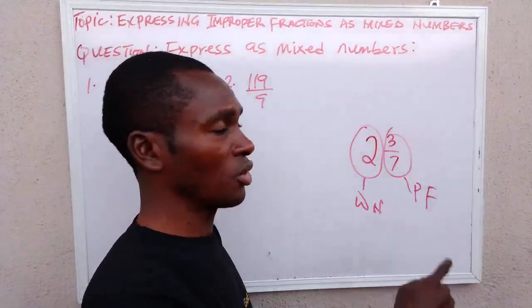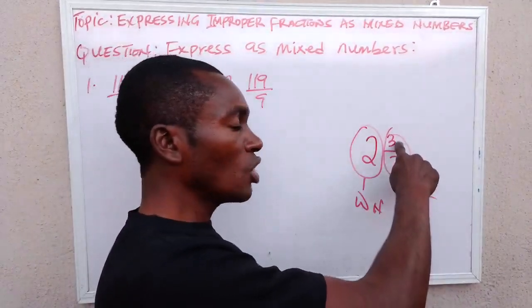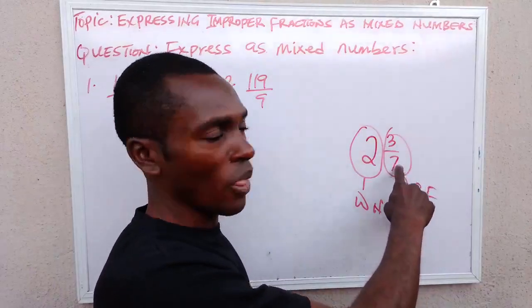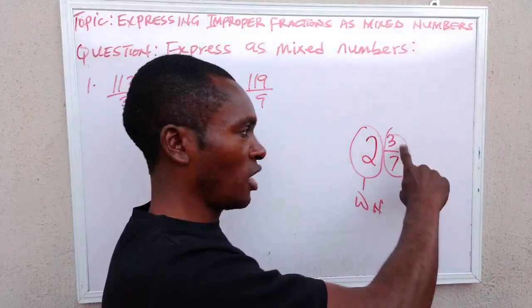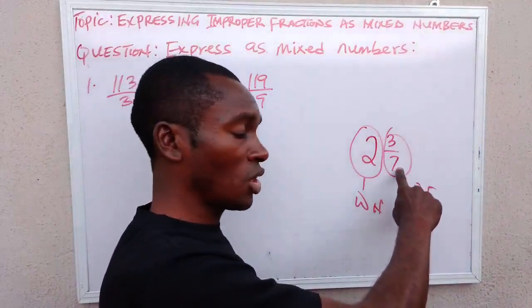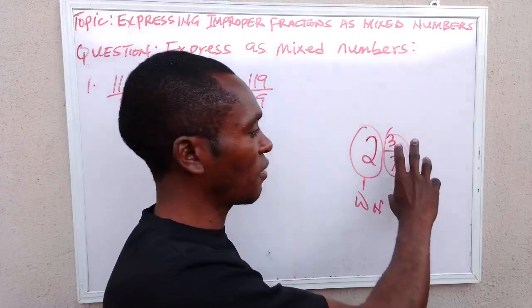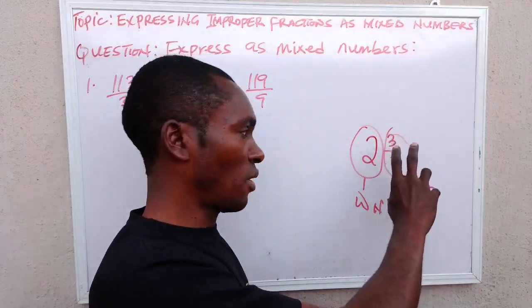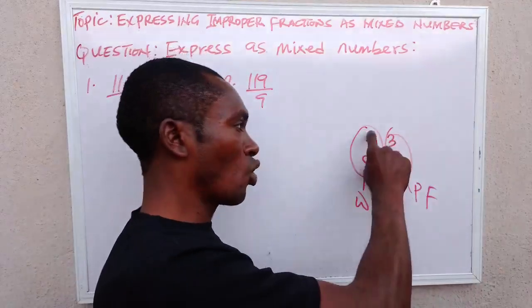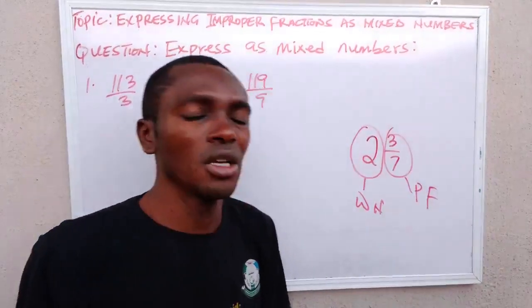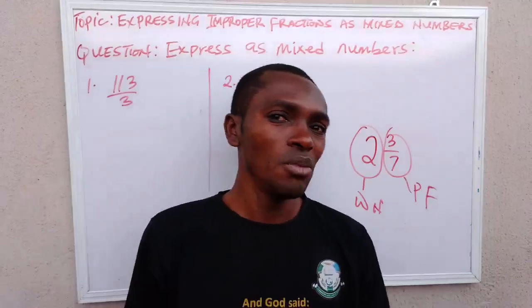Why is it a proper fraction? Because the numerator, that's the up number here, is smaller than the denominator, so it is proper. When the numerator is smaller than the denominator, it is said to be a proper fraction. So when you have a whole number being combined with a proper fraction, we say such an expression is referred to as a mixed number.